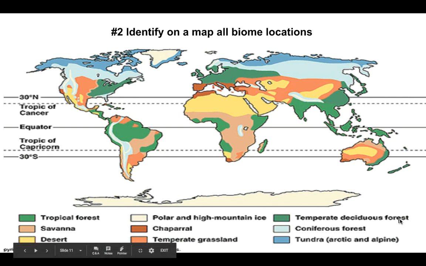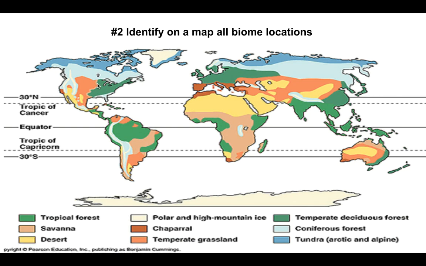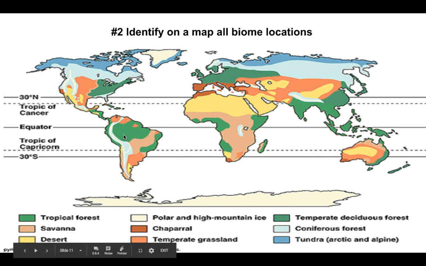Sorry, I was getting ready to say something else. We have a temperate deciduous forest over here. Down here, we actually have where the tropical rainforest is. So we have tropical forest down here.